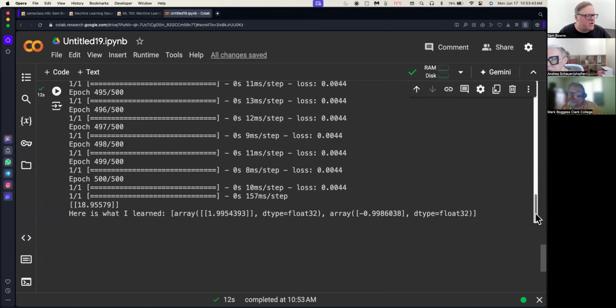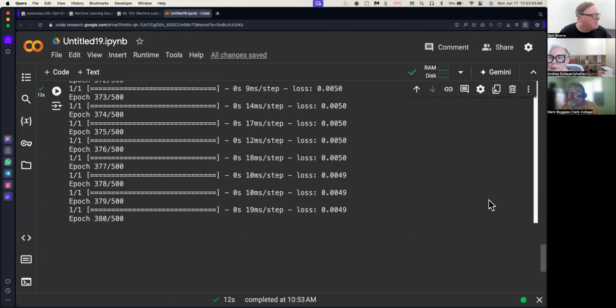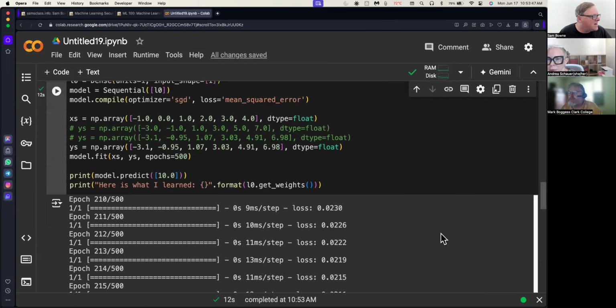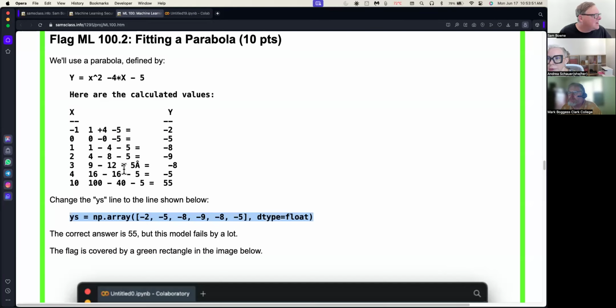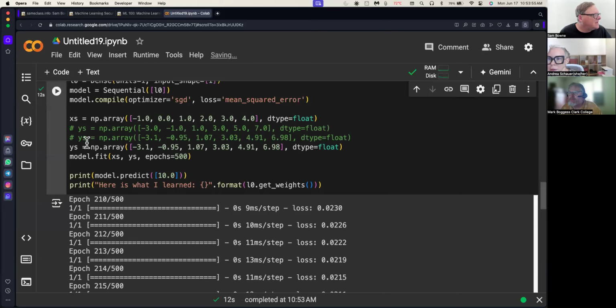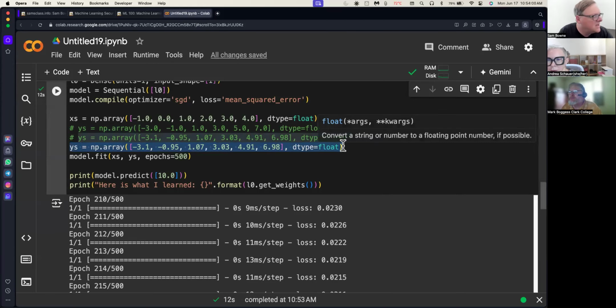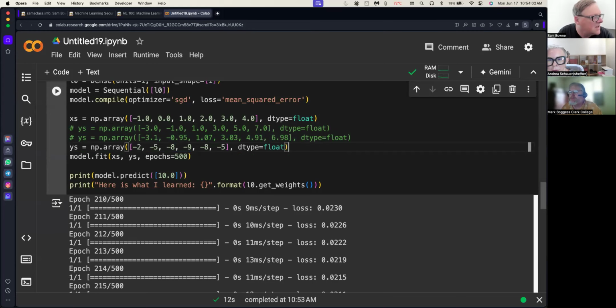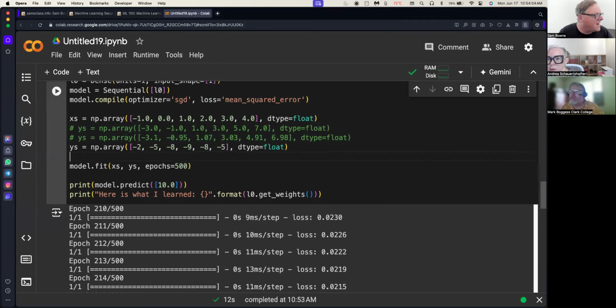That's funny. I'm getting the same answer. I think something went wrong with my code up here. Maybe my copy and paste didn't put in the right data. Oh, that's the wrong data. Yep, my copy and paste didn't work. All right. There's what I should have had. Copy. And here's what I should have here. All right.